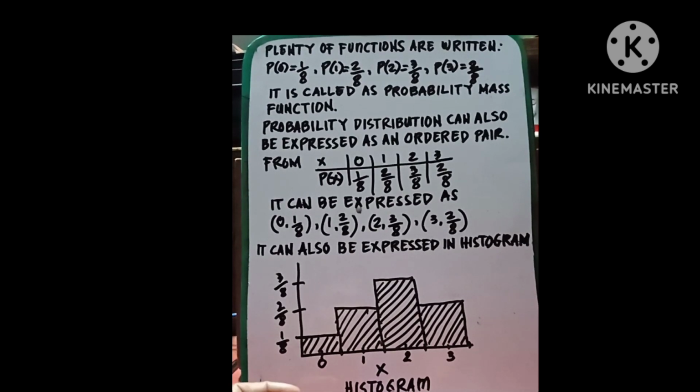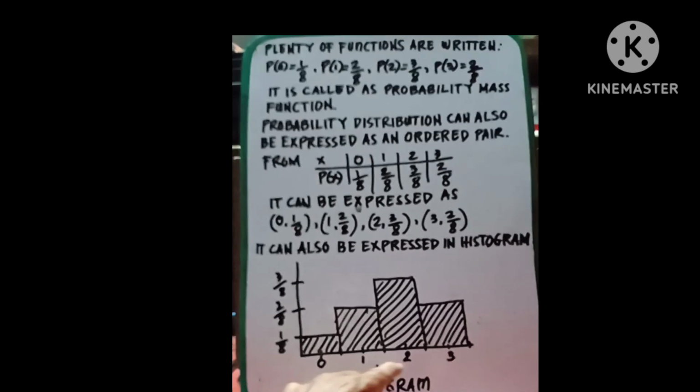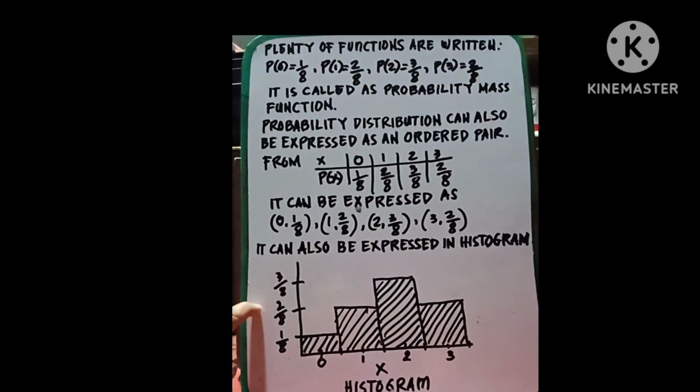It can also be expressed as a graph, so that we can have a visual view, and we can present it as a histogram. This is how we make the histogram. We have x as 0, 1, 2, 3, and we also have P of x.